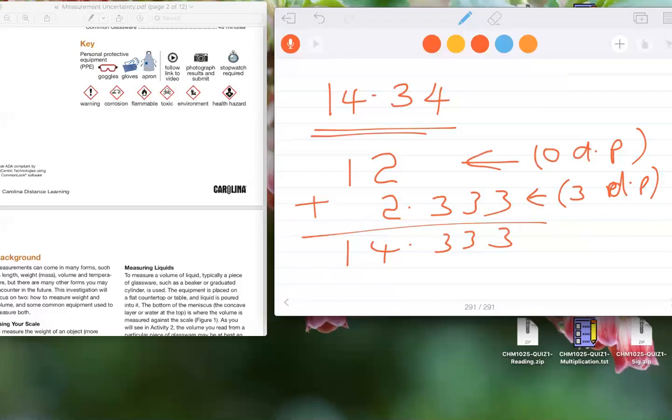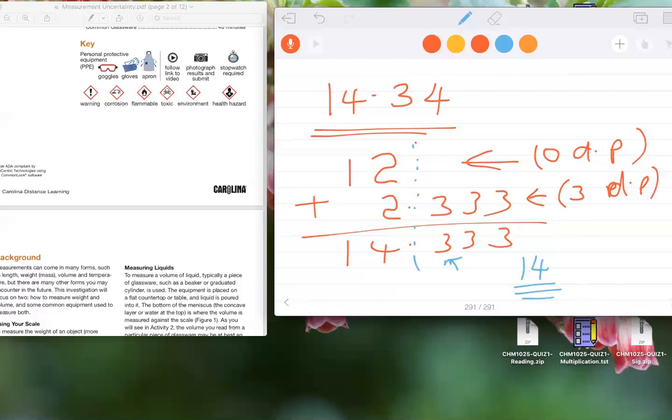So our final answer will have no place of decimal. We also look at that digit, and it's less than 5, and we just express the number as 14, not 14.0. So the final answer will have no place of decimal.